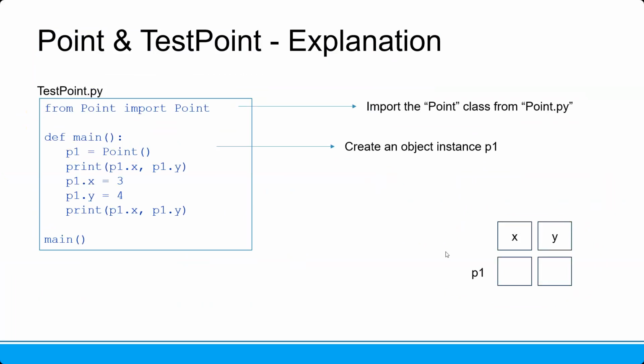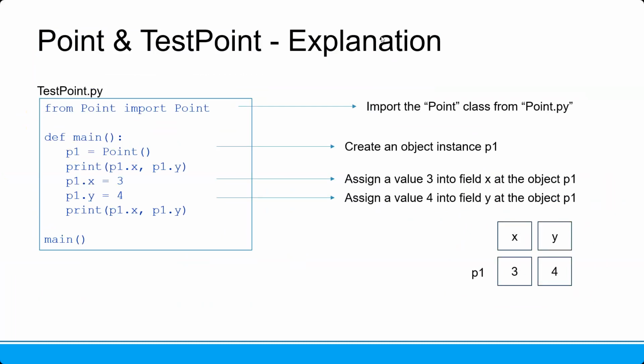After this is created, we want to assign value 3 into the field x, and we want to assign 4 to the field y. So 4 will be assigned in the y.